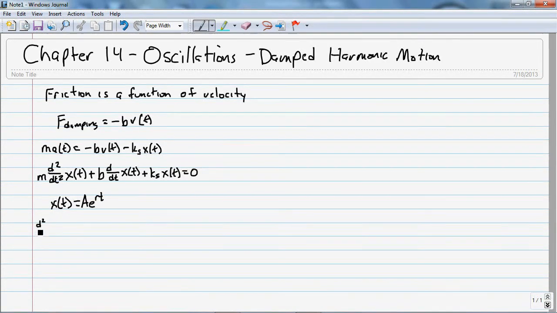So we have the second derivative times a e to the rt, plus b over m times the first derivative, a e to the rt, plus our k of the spring over the mass, and the a e to the rt, and do our derivatives.